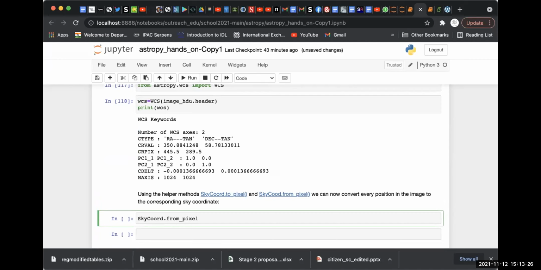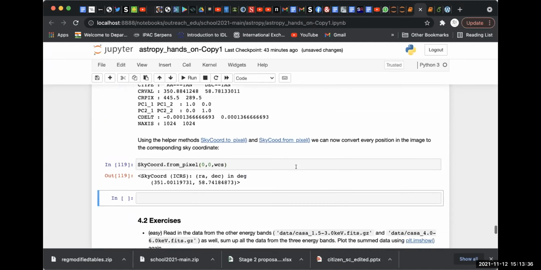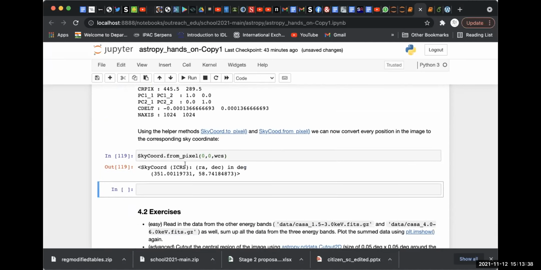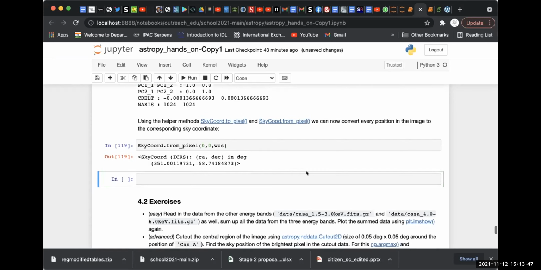From pixel, I'm converting it to WCS coordinates. So 0, 0, and I'll say WCS, right? Very good. So now what's it telling me? It's telling me the center of my image, or the 0, 0 value, is actually this value in RA Dec, right? So it has converted my pixels to RA Dec coordinates, right?